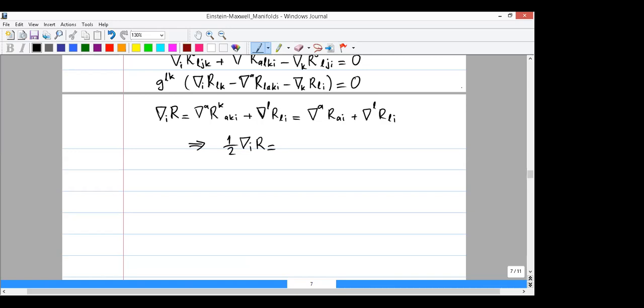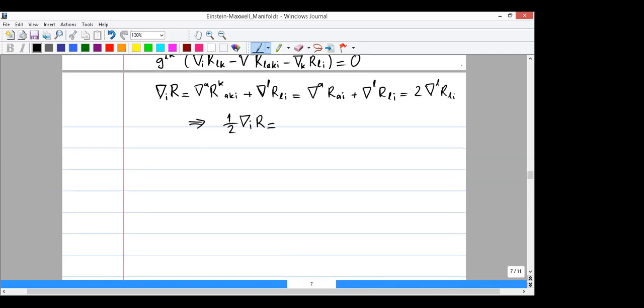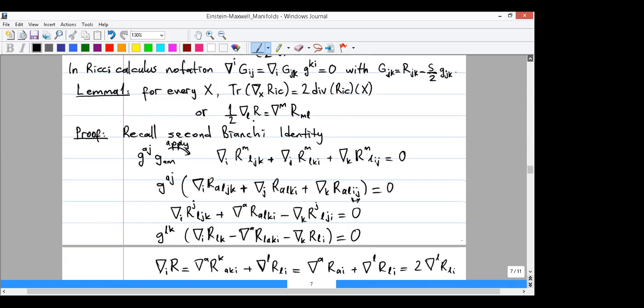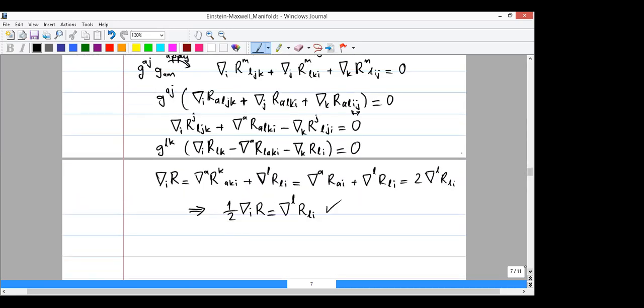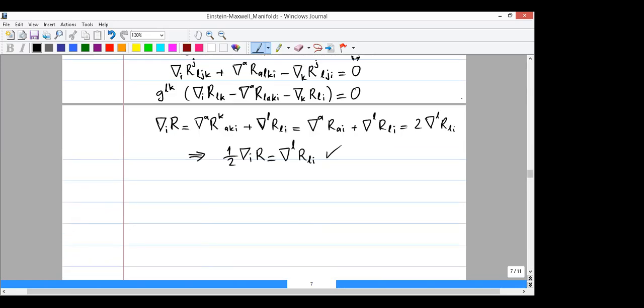So I have here 2 l R and i, because these l and a are summed over, so they are dummy indices, and I can change them. So that's what we claimed in the lemma. Now let's go to the proof of theorem 1.